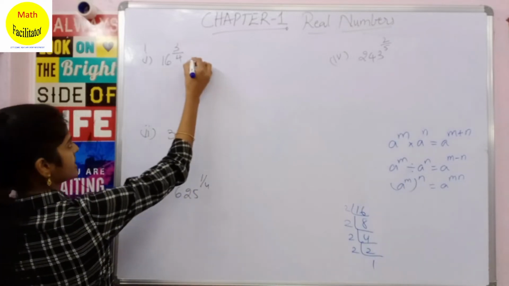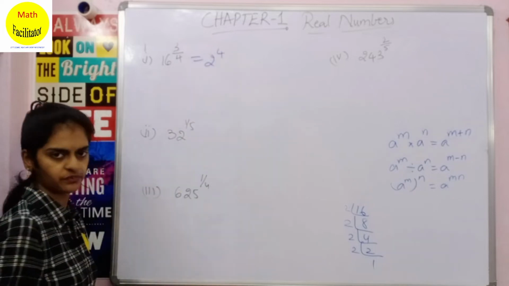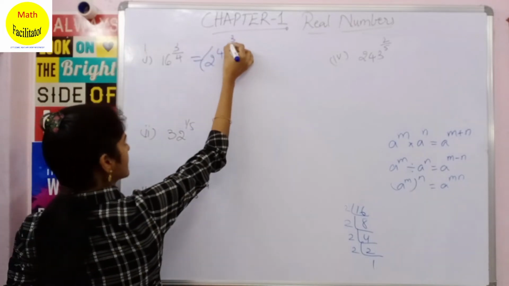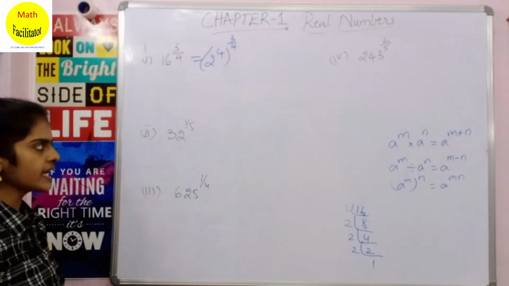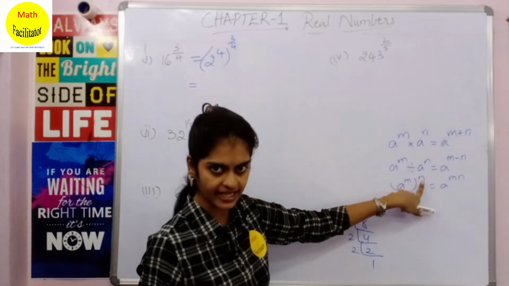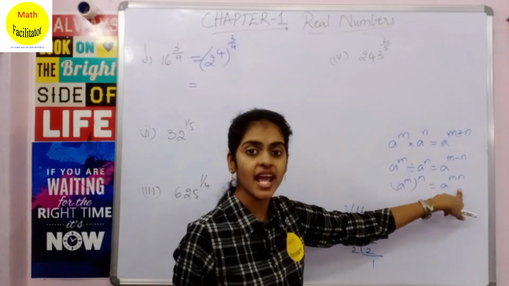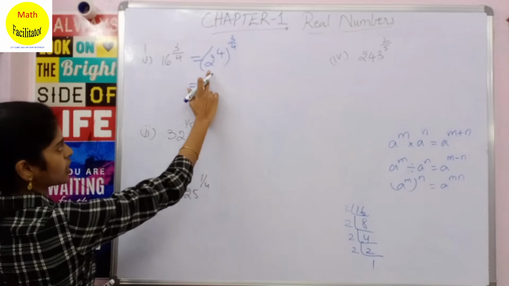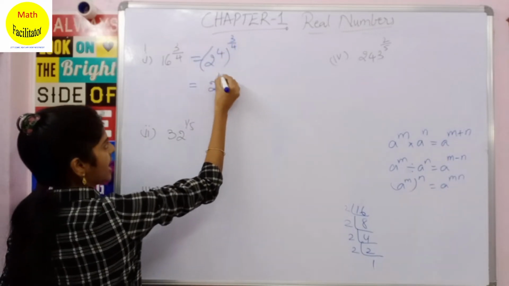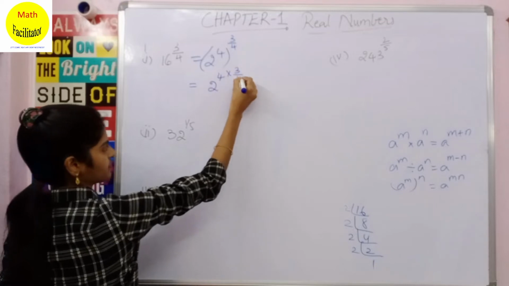Whole to the power of 3 by 4 here. Now this is of the form a power m whole power n, so you can write it as a power m into n.